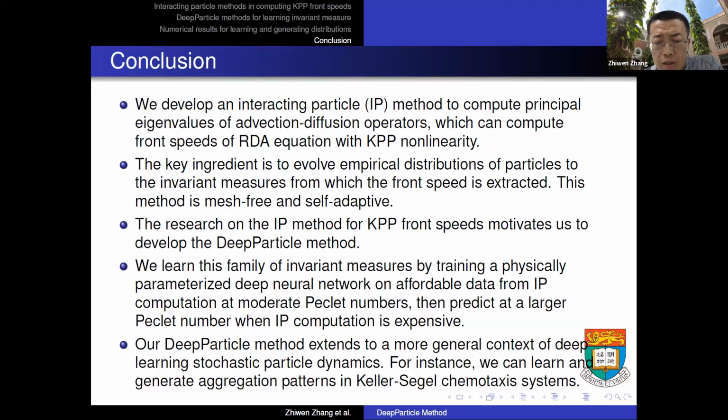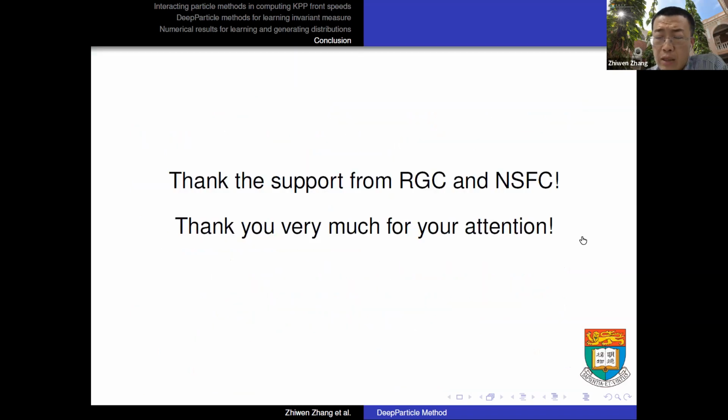However, this method can be extended to other settings, such as learning the distribution or invariant measures for stochastic differential systems, or maybe one example is to learn the aggregation pattern in the Keller-Segel chemotaxis system. So if you have other applications, we can do that together.